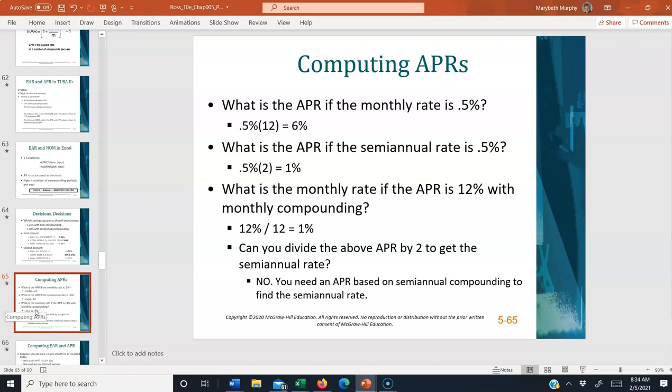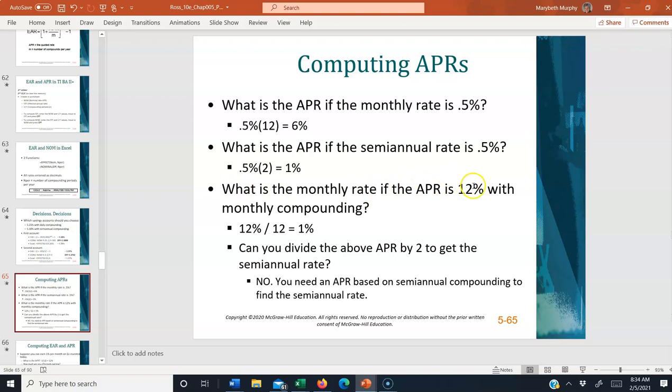Okay, computing APRs. What is the APR if the monthly rate is 0.5%? We just multiply it by 12, and that gives us 6%. If the APR is based on a semi-annual rate of 5%, what would be the annual rate? We'd multiply it by 2, because that's semi-annual, 2 periods per year, and that gives us 10%.